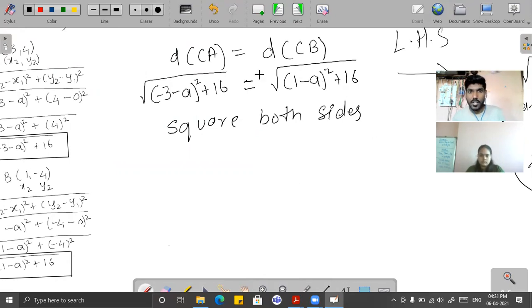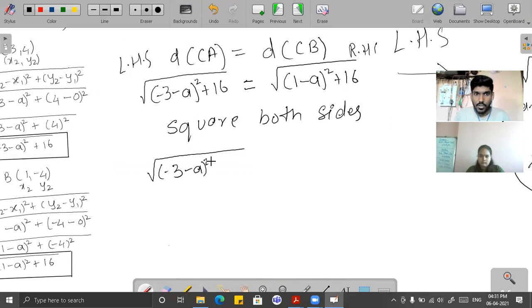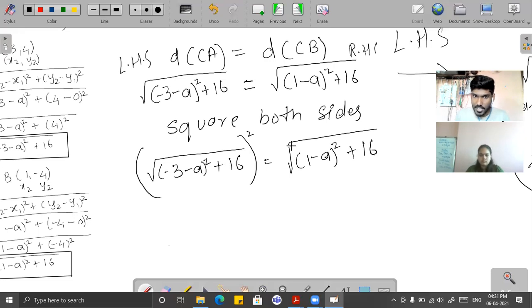So this will be my LHS and this will be my RHS. The left hand side, whatever term is there, you square it. So on the left hand side, I have minus 3 minus a the whole square plus 16 the whole square equal to 1 minus a square plus 16 the whole square.